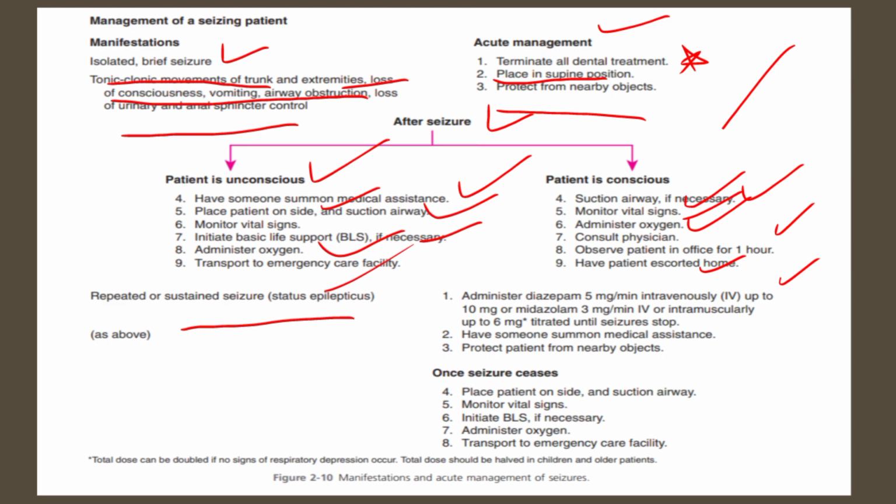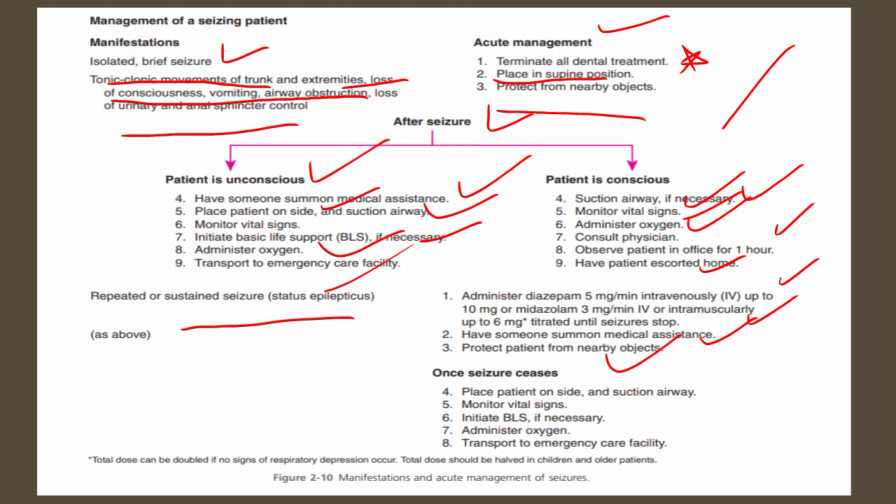You can also give midazolam, which is 3 milligrams per minute IV or intramuscularly, up to 6. So diazepam 5 to 10, and midazolam 3 to 6. Have someone summon medical assistance and protect the patient from nearby objects again.